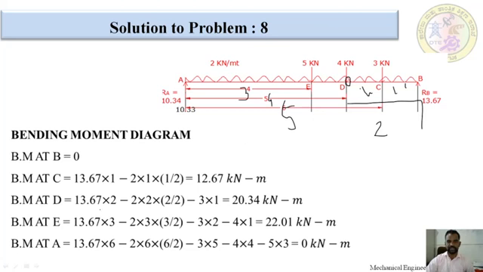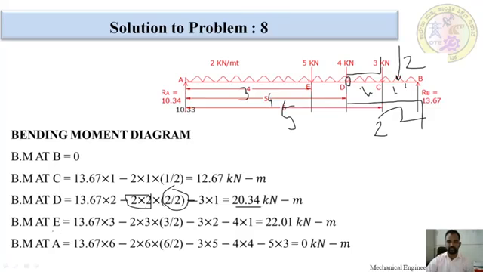Okay, 13.67 into 2 minus 2 into 2, because there would be full UDL. This UDL magnitude is 2, distance also 2. 2 into 2 is equal to 4. This is UDL into point load, and 2 divided by 2. We have to assume that the point load is acting at the center of the UDL. Minus, this is 3 into this distance, 1 meter, is equal to 20.34 kN meter.